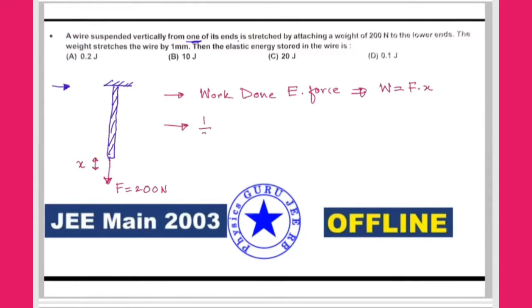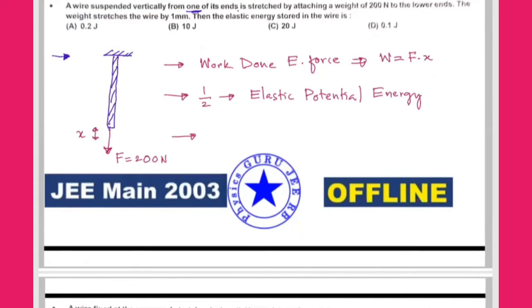The remaining half will be dissipated in the form of heat. So we can directly take U equals half into F into X. Hope this is clear till this point.